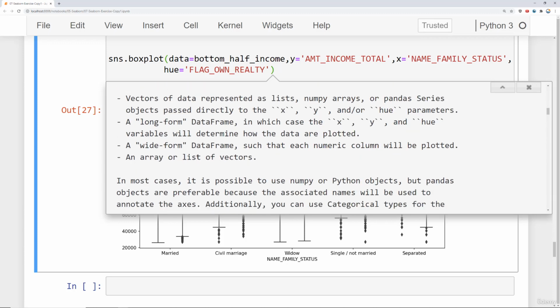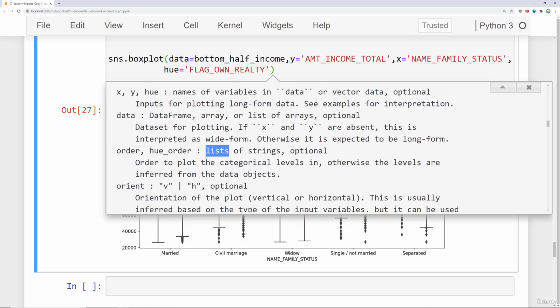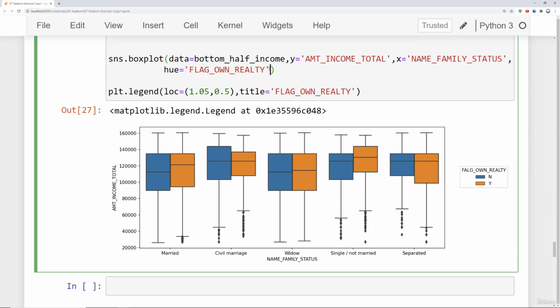The order parameter, if you scroll down, basically just says that it wants a list of strings, which is essentially just a list of these column names in the exact order you want them. So for instance, you could say order is equal to, and then just start writing the column names in the order you want. Thing is, they have to match exactly with these values. So we'd say, okay, first I want married, then maybe I want widow, etc. And you would keep going until you filled out all the possible x ticks in the exact order that you want them in. So that's one way to make sure that your box plots are in the order you desire.